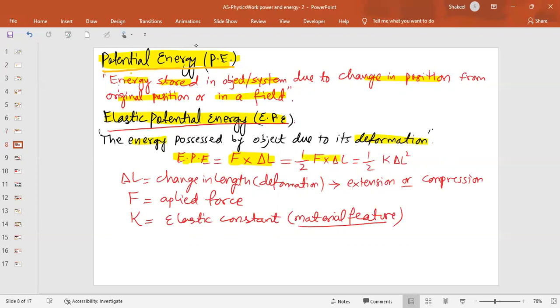And it's further equivalent to half F into delta L. Well, that's strange, but yes, that is the equation we'll study in the deformation topic. And then further, it is equivalent to half K delta L square, where delta L is the change in length or deformation. It can be extension or compression. And F is the applied force and K is the elastic constant. It is actually a feature of the material.